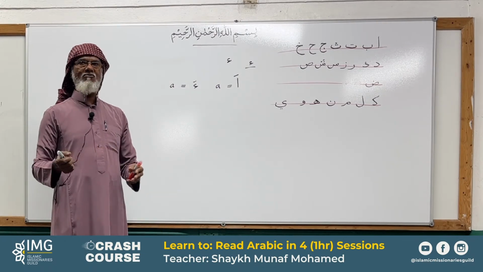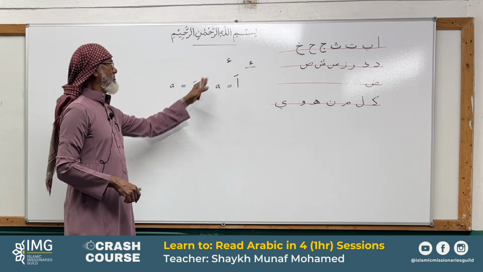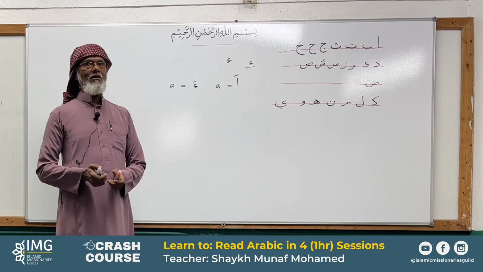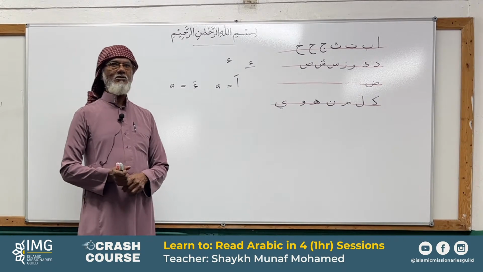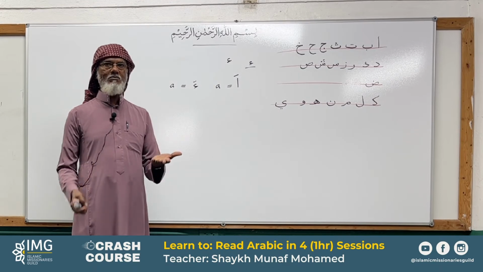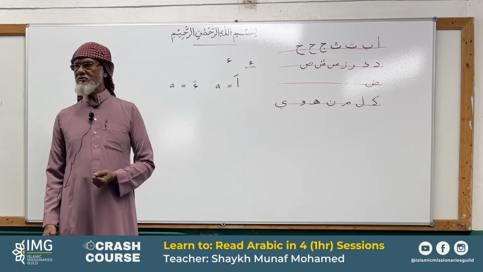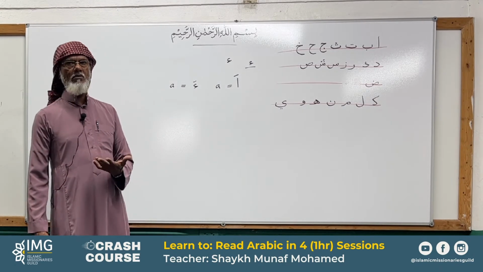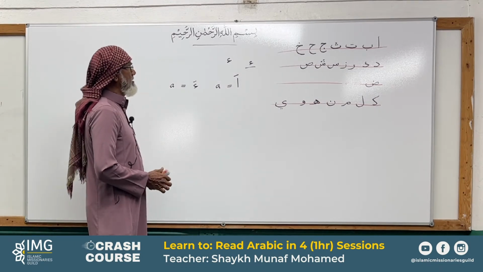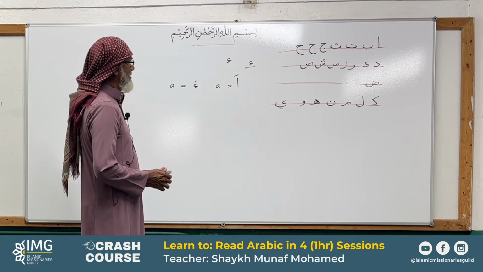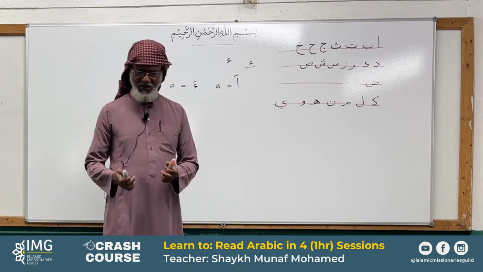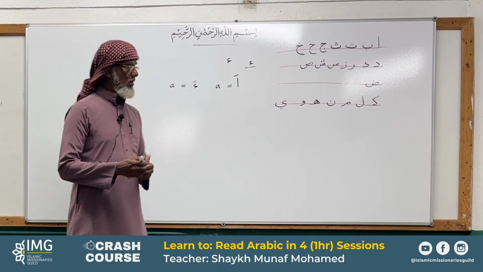And likewise, if you were to read the Hamza with the other vowels, it will be the same thing like the alif. All right, so you have alif kasra e, Hamza kasra will be the same thing e. Okay, and if you have the dhamma, it's going to be the same. Okay, so it's very simple so far. Okay, and the remaining is also simple. All right, so don't get too worried.